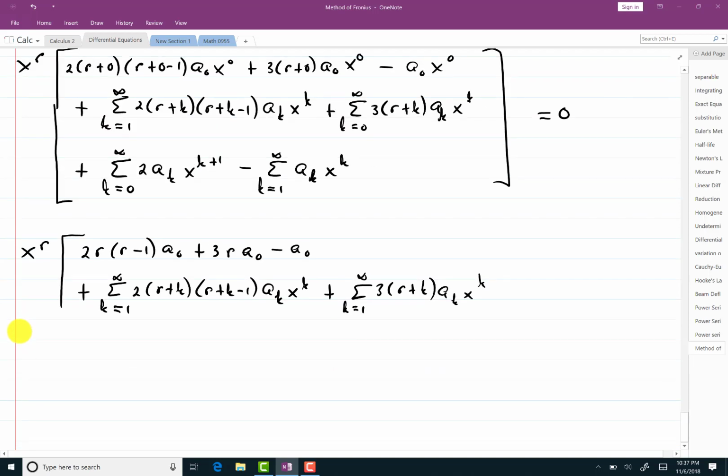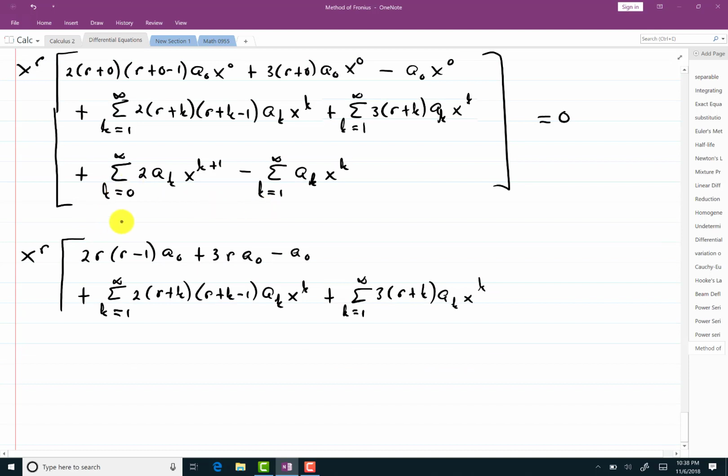Now this is where I'm going to reindex this series here. This does start at x to the 1 like all the other ones do, so I want to start it at k equals 1 just like all the other series. Of course, when you start at k equals 1, I've got to subtract 1 from each of the k terms.